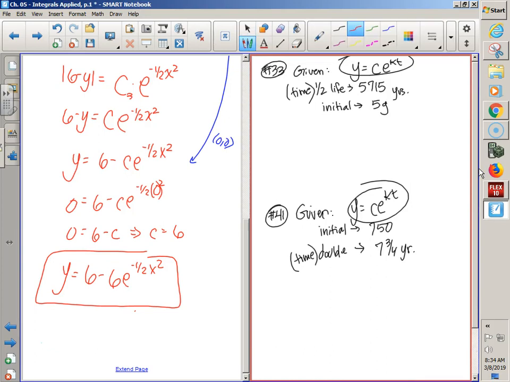remember how I said half-life is at, not equaling 1. And the same thing as the ratio y of t over y sub not equaling.